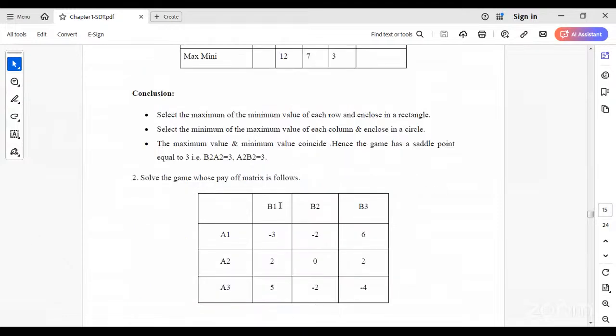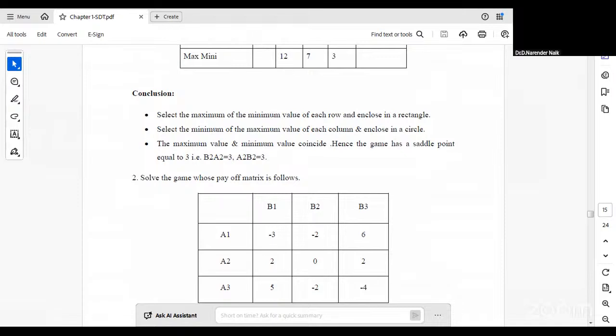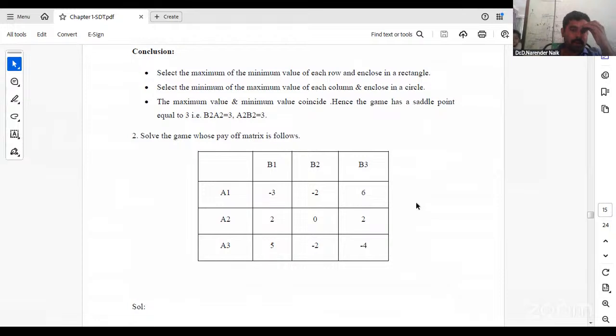Solve the game whose payoff matrix is as follows. The next problem is: solve the game whose payoff matrix is as follows.